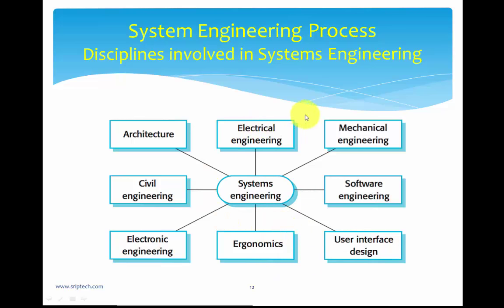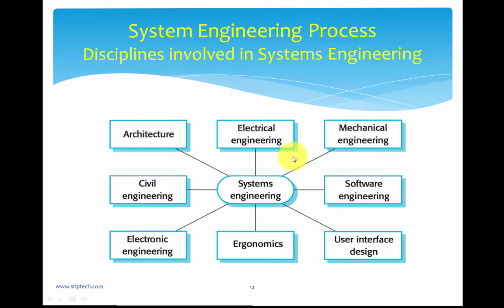Now when you look at this diagram, it is very easy to understand that it is not just software engineers who are contributing to system engineering. There are people from varied disciplines contributing, and each person representing an engineering department would be an expert in their own domain.